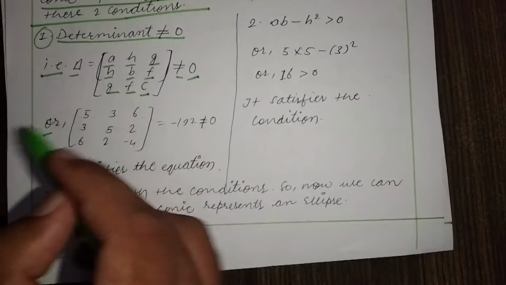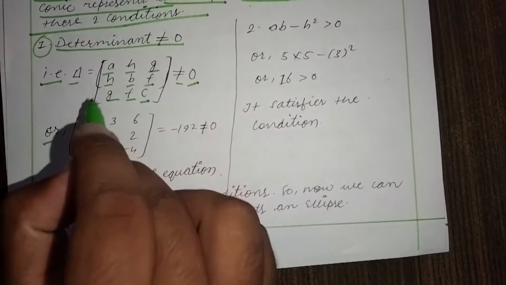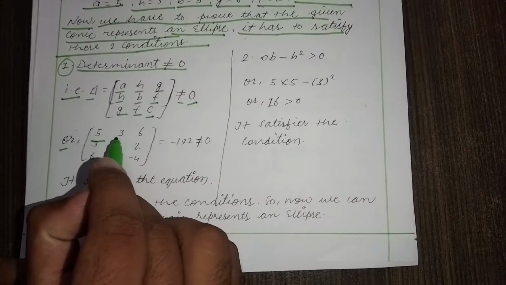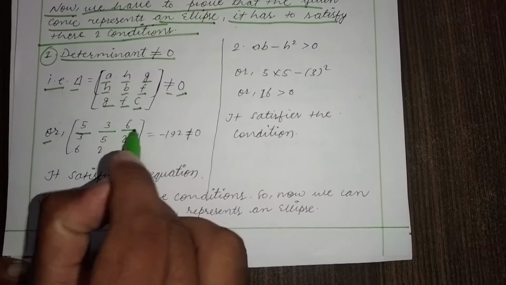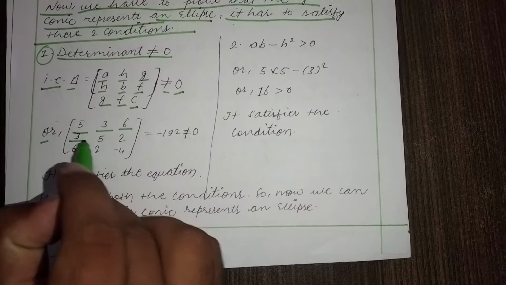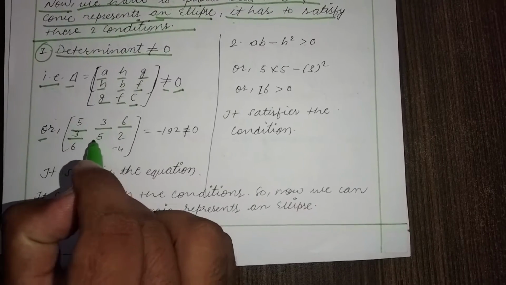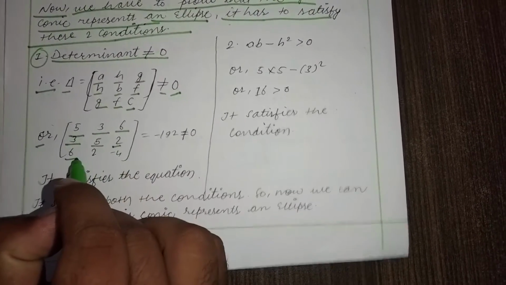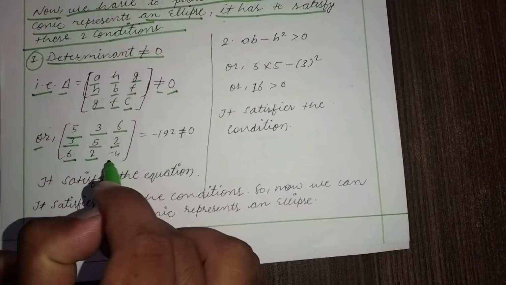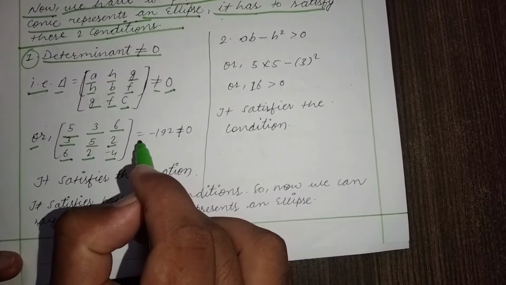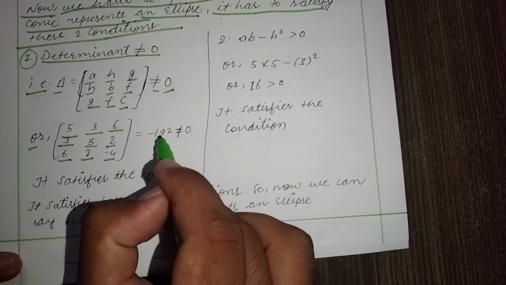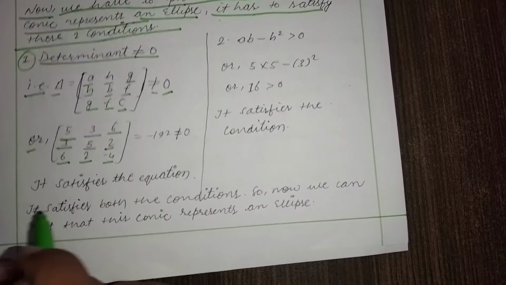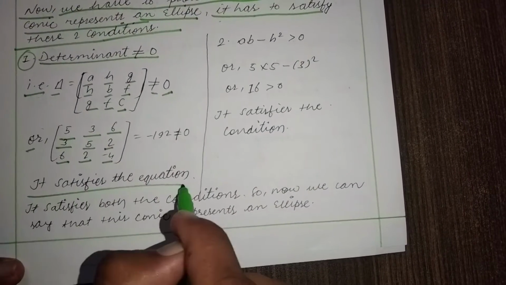The values are a equals 5, h equals 3, g equals 6, h equals 3, b equals 5, f equals 2, g equals 6, f equals 2, c equals minus 4, which equals minus 192, which is not equal to 0. It satisfies the condition.